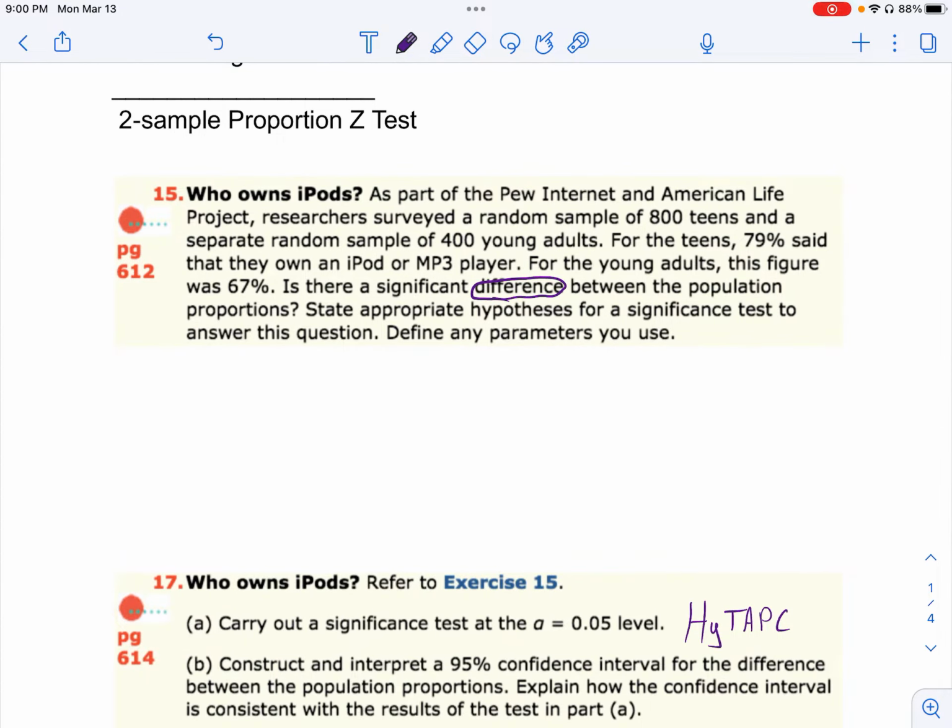So let's start with the parameters. I would say maybe P T would be the proportion of teens who own an iPod/MP3 player.